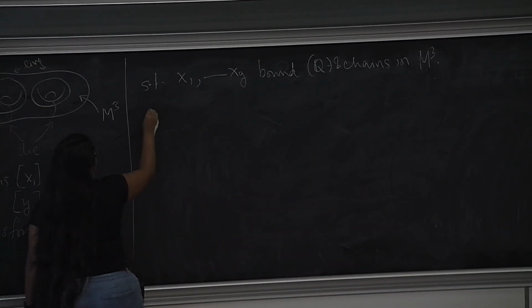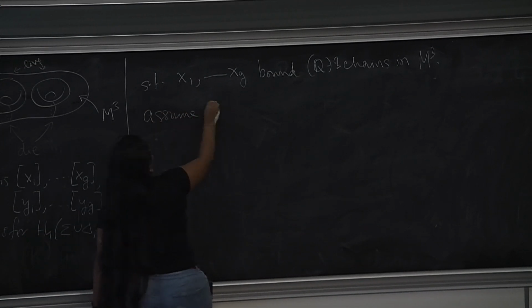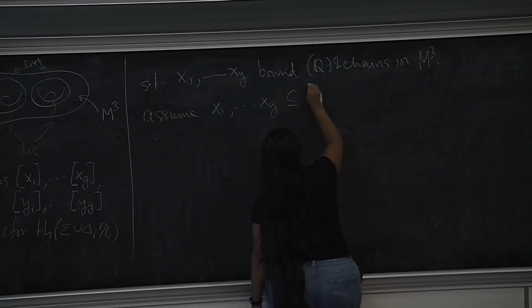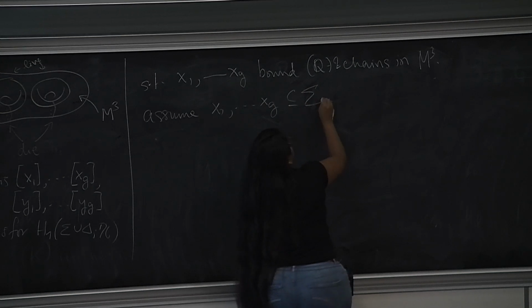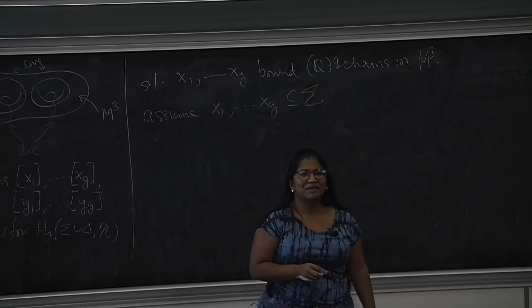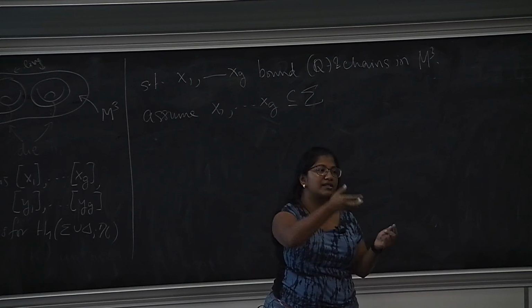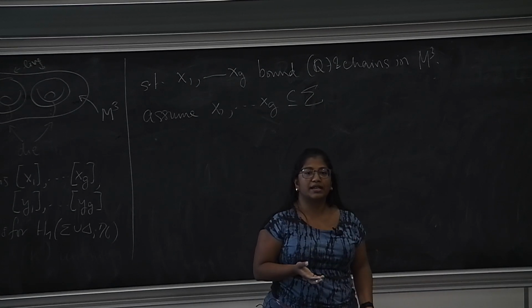I can also assume that these x1 through xg lie inside of my Seifert surface sigma, because the disk is a disk. So if I have some curves lying in that surface, I can just choose a representative that lies in the Seifert surface part of it. Okay?